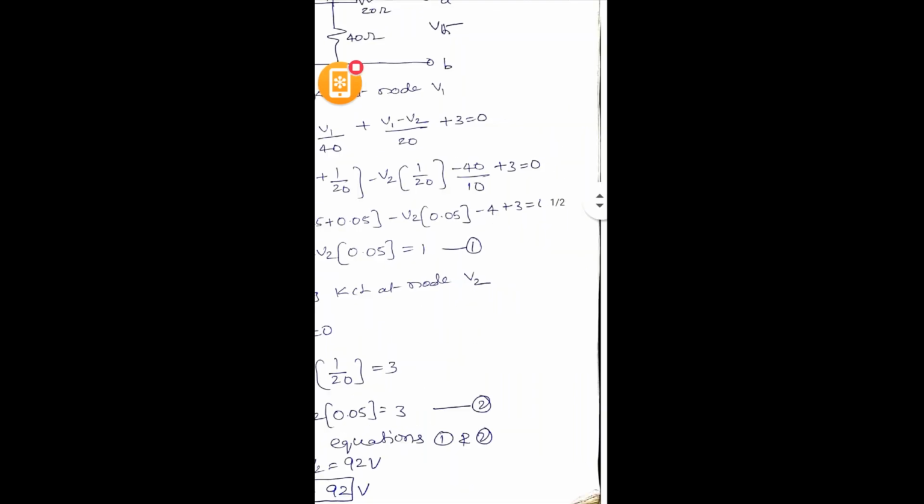Now the V1 and V2 terms are collected, and the constant term goes to the right-hand side. The V1 coefficient is minus 1 by 20, and the V2 term is also 1 by 20. Simplifying, minus 0.05 V1 plus 0.05 V2 is equal to 3. So this is equation 2.